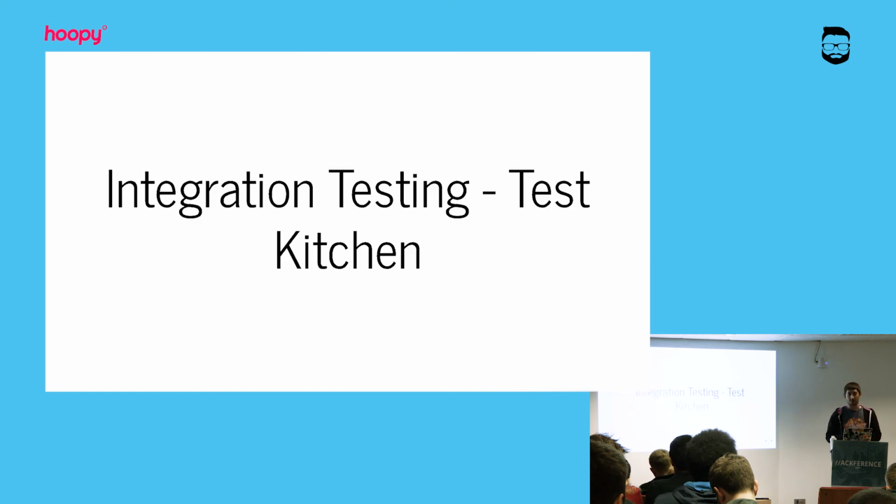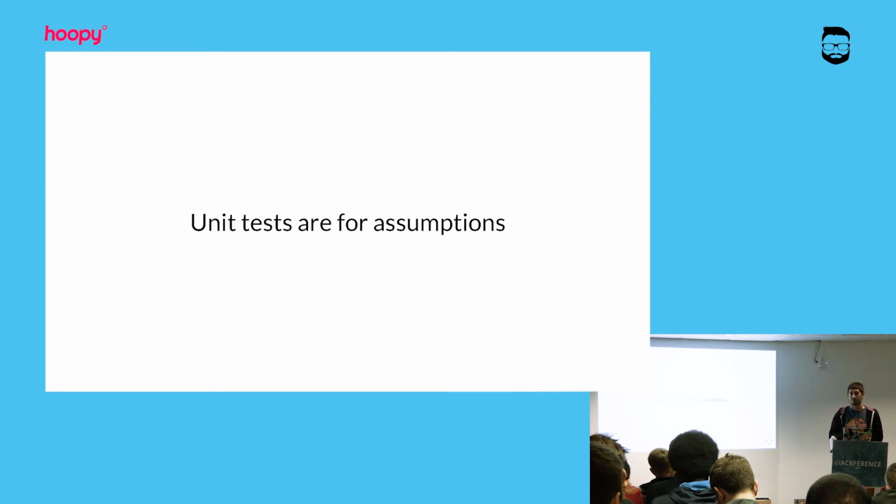Then, as I mentioned, there's integration testing. This is using a tool called Test Kitchen. As mentioned, unit tests are for assumptions. When you first write your unit test, you're expecting Chef is going to do this thing, and then this thing, and then this thing.